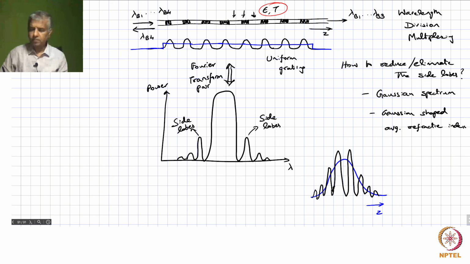So, it is not uniform, it is actually sort of like a Gaussian shaped change in the refractive index, and this you can accomplish by changing the intensity of the light coming from the excimer laser.